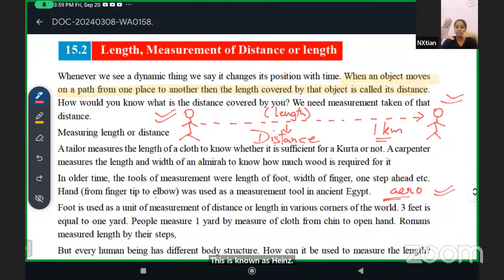Then with the foot, it is measured. It's still measured with the foot sometimes, the length of the feet. They were used in ancient times.